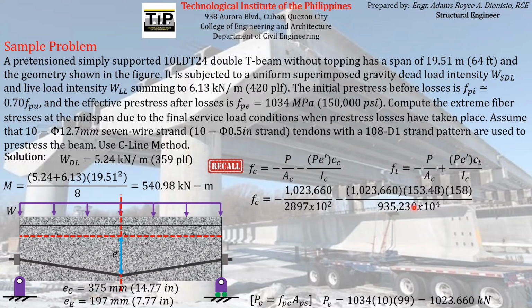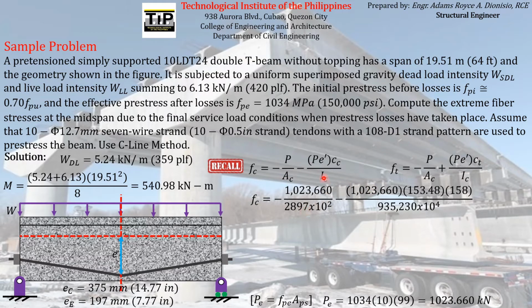So again, for consistency of units, I just express every force in terms of Newton, every area in terms of mm squared, every eccentricity or every distance in terms of mm, and the moment of inertia in terms of mm to the fourth. So that the resulting stress will be equal to Newton per mm squared or megapascal. Newton per mm squared is equal to megapascal. So this is P. Just substitute it here.